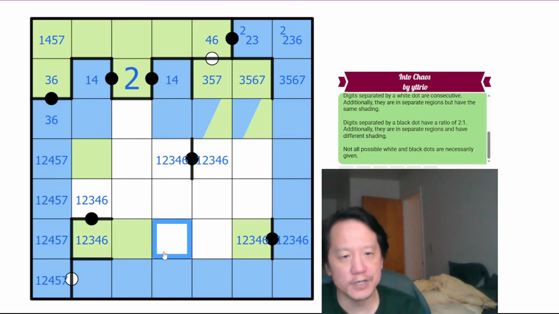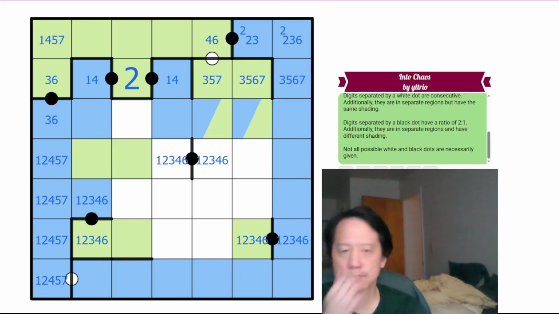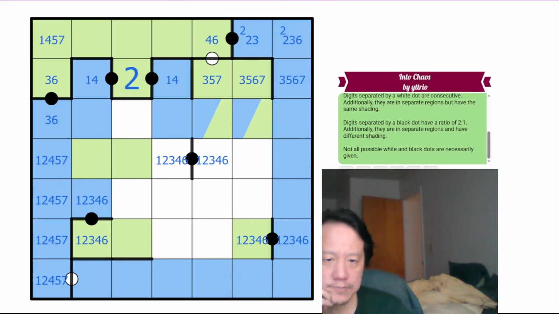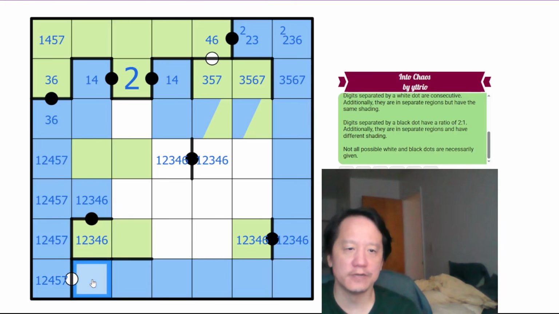This green as a region has to exit out. This is opposite, so this is blue. Green has to orthogonally connect. So this is region. This is consecutive with that.